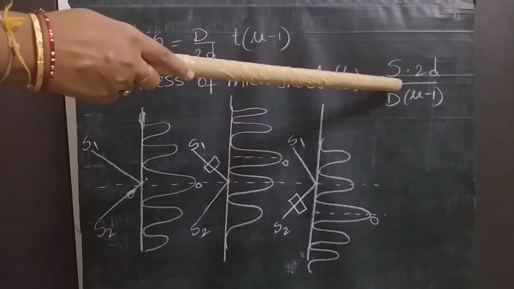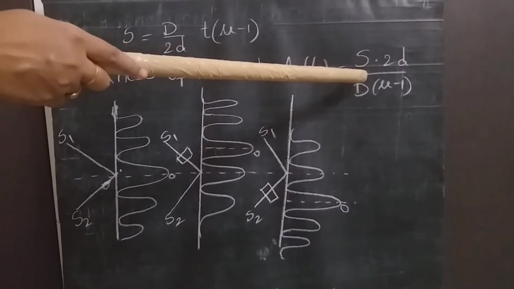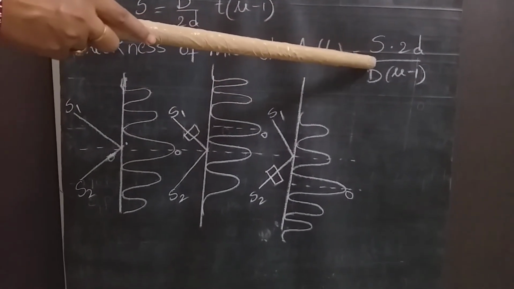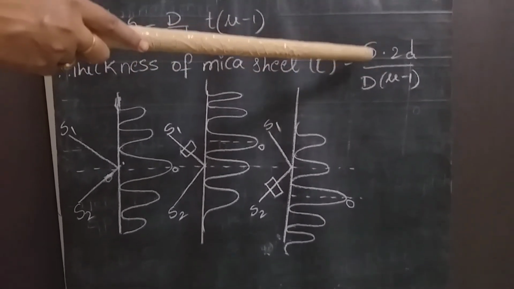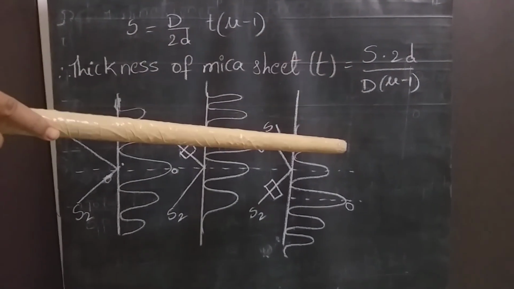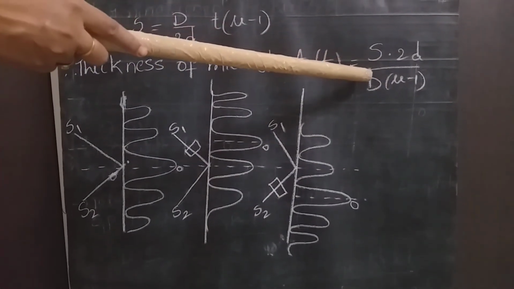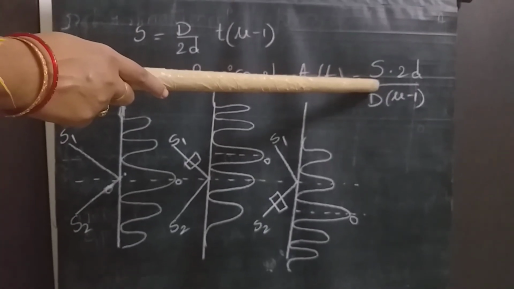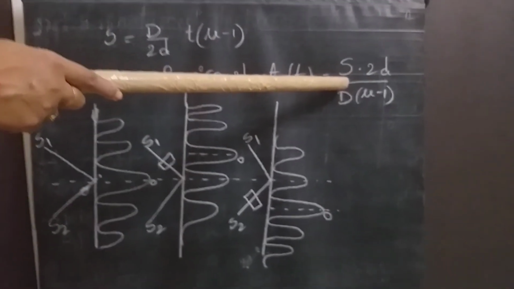To find this shift value S, we need to remove the monochromatic light, which will be replaced by white light. After keeping the white light, using the micrometer eyepiece, we need to focus on the white light fringe, and we should find the corresponding crosswire reading. Later we have to introduce the mica sheet in any one of the paths of the light beams.